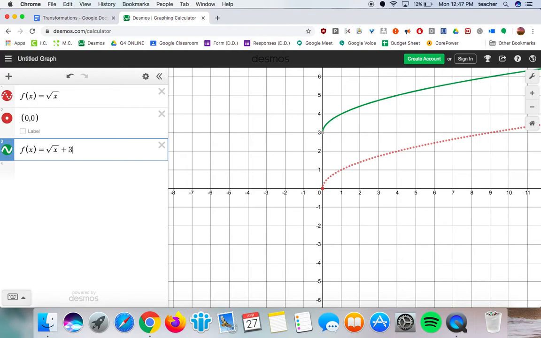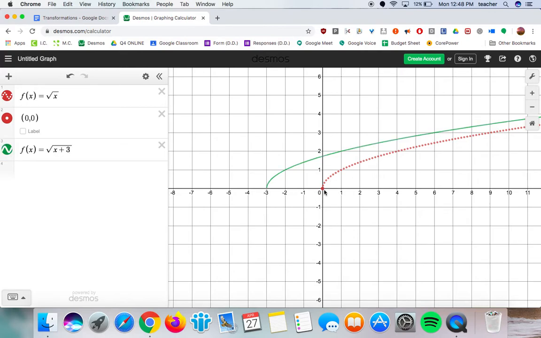Let's say we have +3. Whoa, +3. Okay, so if you notice, all that happened was from my original parent function here, everything just shifted over to the left 3. The graph's shape didn't change at all, just its position did. And you can also see we have a new vertex, right? We're no longer at 0, 0.